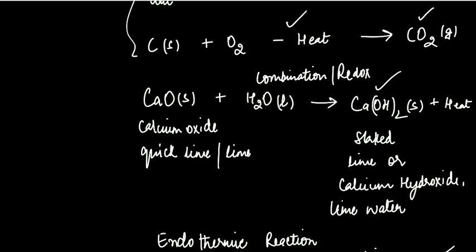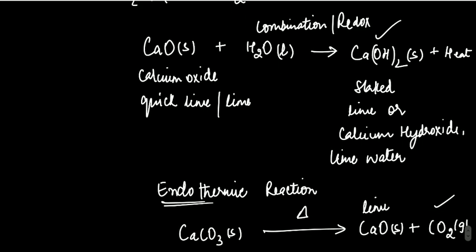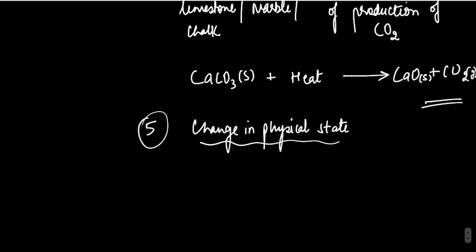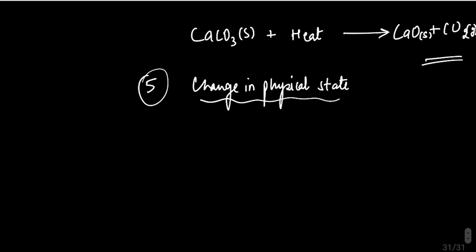Then we go to this reaction. This is definitely a redox reaction. It's an endothermic reaction. Decomposition, to be more precise, we even call it thermal decomposition reaction. So many ways we can categorize a particular reaction. So, change in physical state.